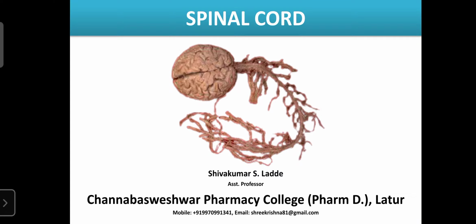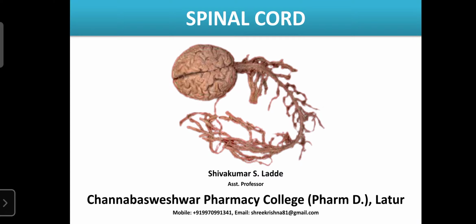It is helpful to create a connection between the brain and the organs. The spinal cord arises from the midbrain, or the extended part of the medulla oblongata. It extends inside the vertebral column, along with the vertebral column, and it innervates many organs.